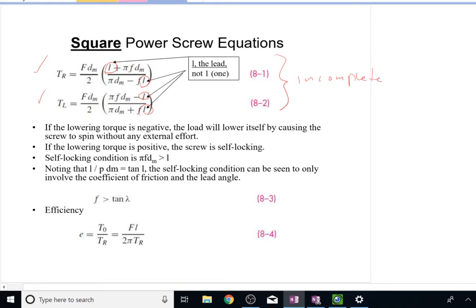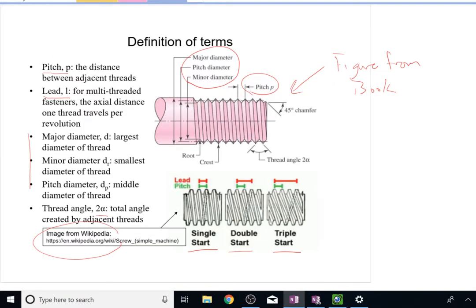Now, let's take a step back for a second. The definition of lead and pitch. Pitch, right here, is the distance between adjacent threads. However, you could have a double thread or a triple thread, in which case the lead equals twice the pitch.